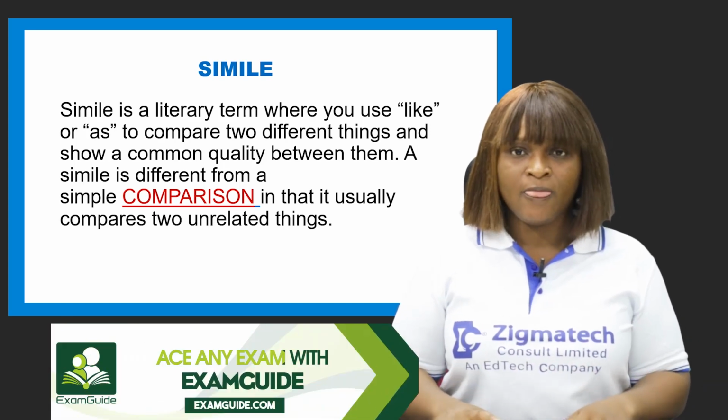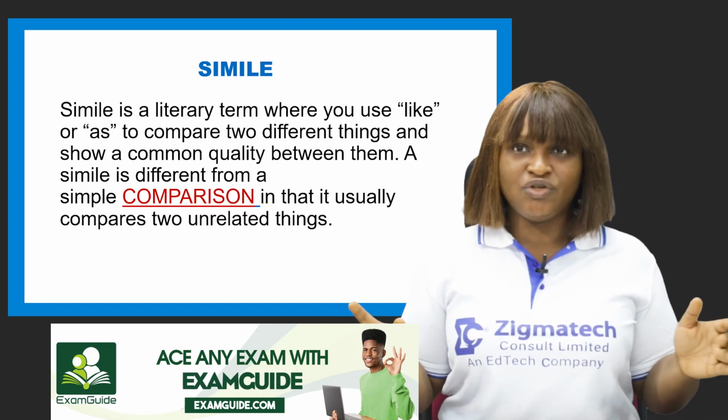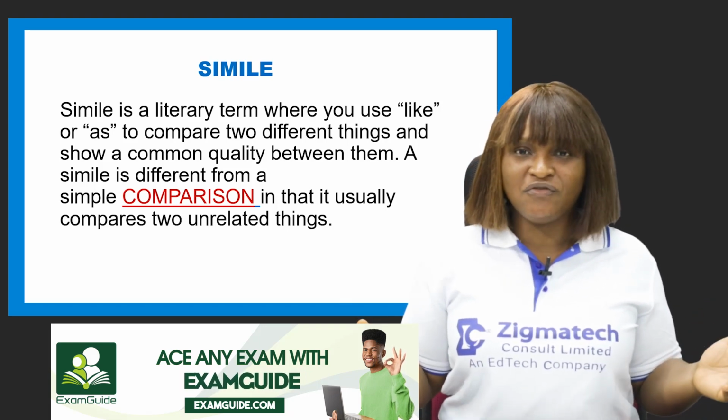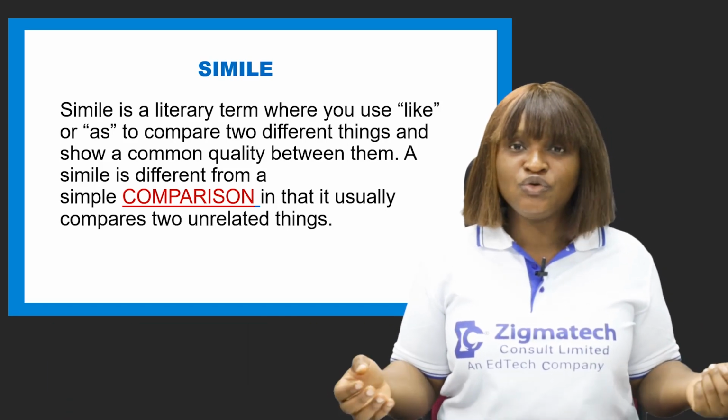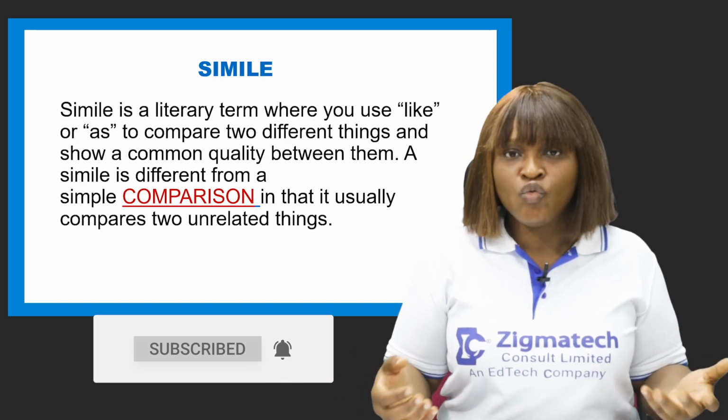Now, I know that to an extent you must have said she's as beautiful as an angel. That was why I said so many of us make use of these figures of speech, but we do not know because we have not been taught or not been exposed to what they really are.